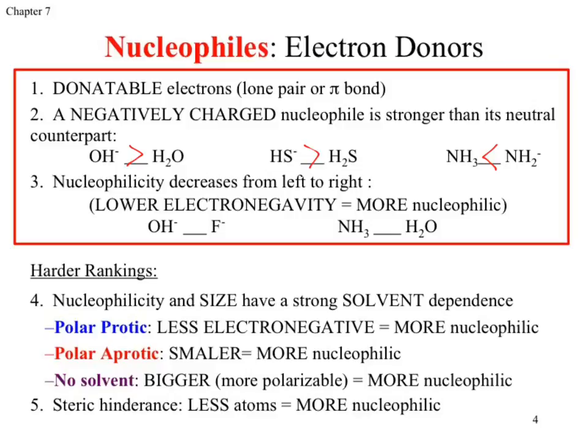So in a polar protic environment, we're looking at the less electronegative atom being more nucleophilic. Why might that be the case? Should we see some pictures? I think the next slide has them.